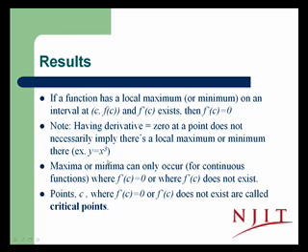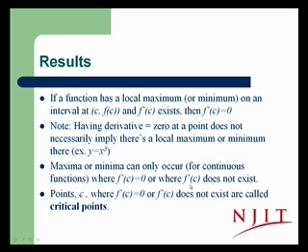Maxima or minima can only occur where the derivative is 0 or where the derivative does not exist, if the function is continuous. We already saw that if the derivative is 0, you might have a maximum or minimum, but we also had a maximum in our earlier curve at a point where the derivative did not exist. So those will be conditions for finding maximums or minimums. You check that the derivative is 0 or the derivative does not exist.